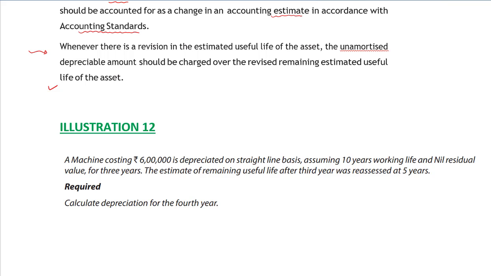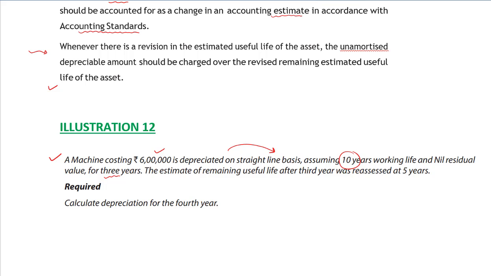Illustration 12. A machine costing rupees 6 lakh is depreciated on straight line basis, assuming the useful life is 10 years, with nil residual value.